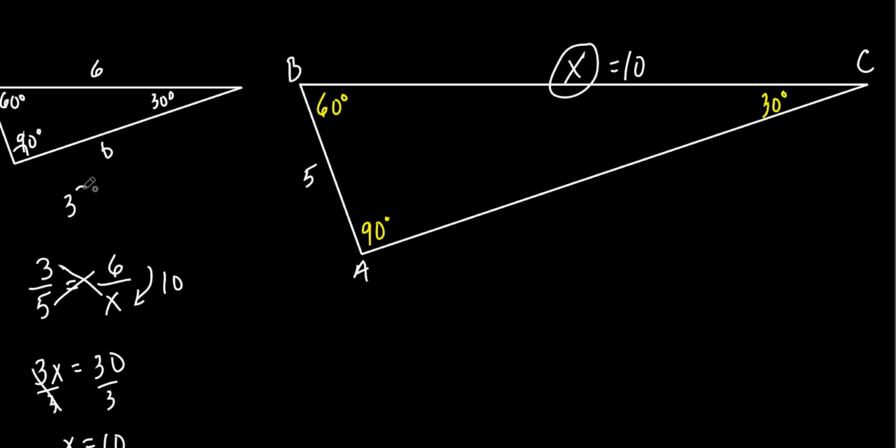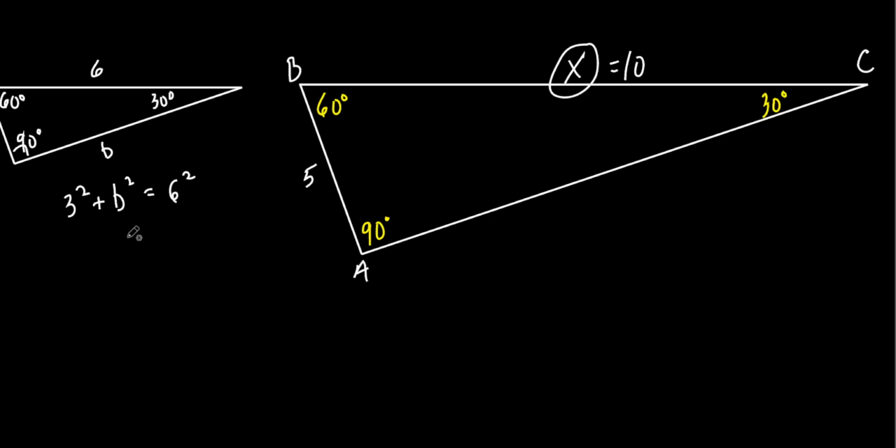So I go what? 3 squared plus b squared equals what? 6 squared. Now, this may not come out really pretty, but it's all right. We can still get it if we wanted to. 3 squared is 9 plus b squared equals 36. Okay? And then subtract 9 from both sides, correct? That cancels. So b squared equals, what's that? 27?